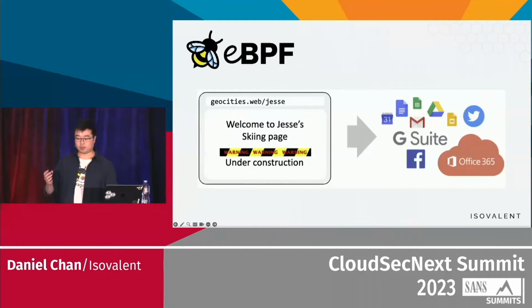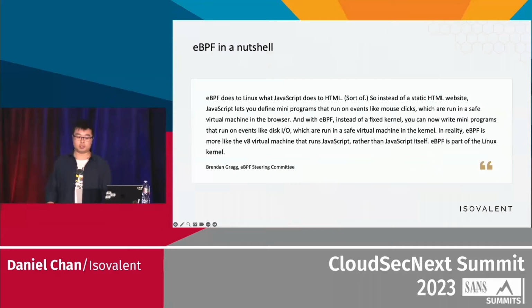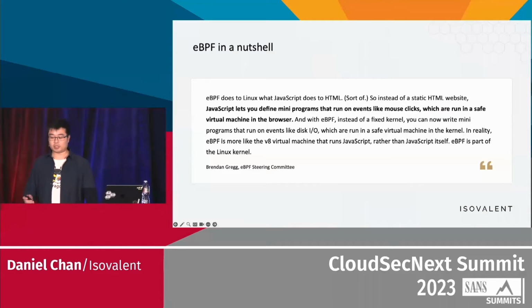One way to think about it is the effect that JavaScript had on our web pages. In the early days, our web pages were quite static. And nowadays, they're very dynamic. They run some of the most dynamic, powerful apps in the world. This analogy was first coined by Brendan Gregg, one of the more influential people within eBPF.